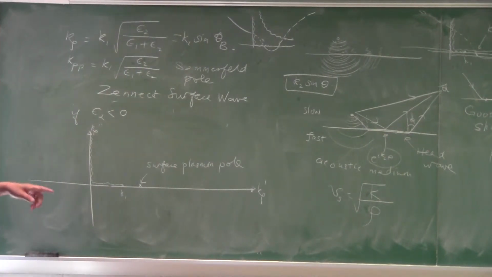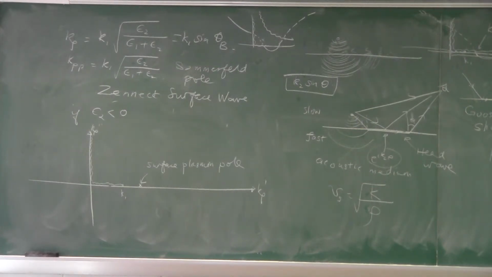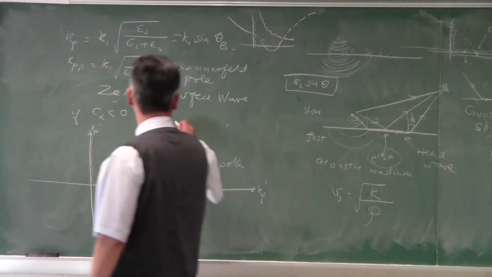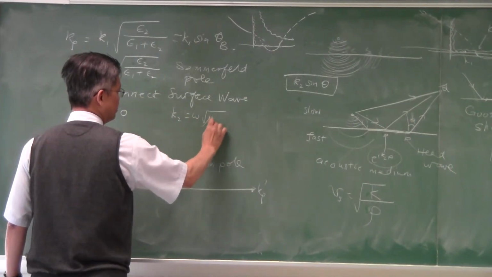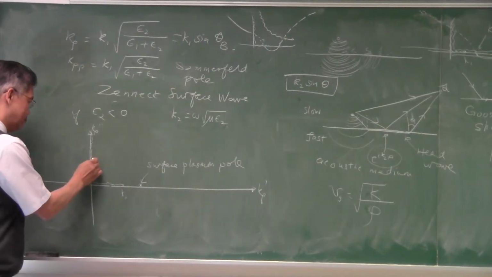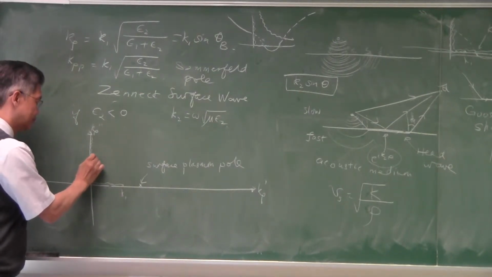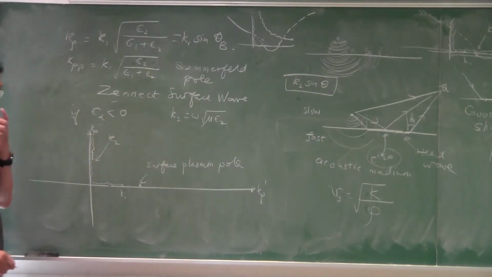And then I ask myself, what happens to the K2 branch point? K2 is omega mu epsilon 2. Epsilon 2 is negative, so K2 comes over here. K2 is over here.